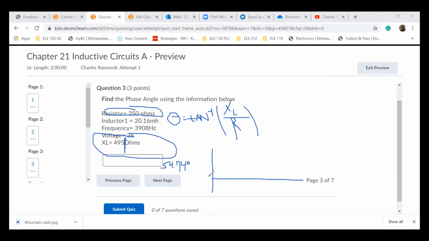If you look at a sinusoidal waveform, that's your V. This is only 54, but if it was 84, it'd be way out here, almost close to 90 degrees. That type of circuit is unheard of. All right, so you got 54.74. Good.